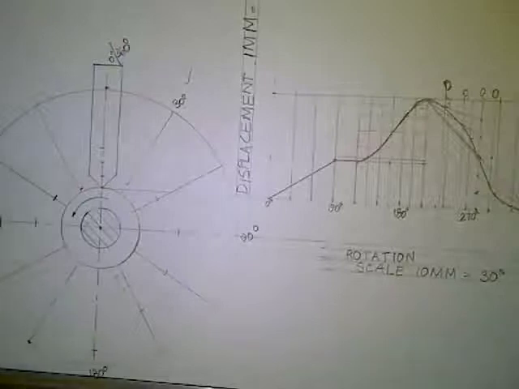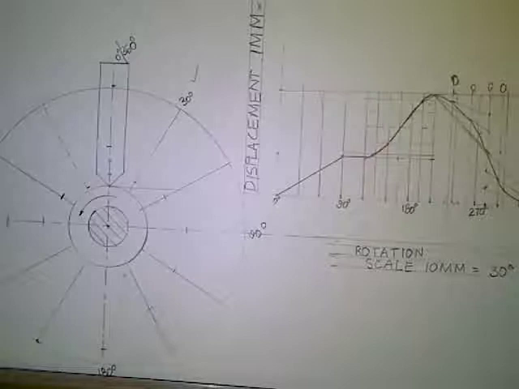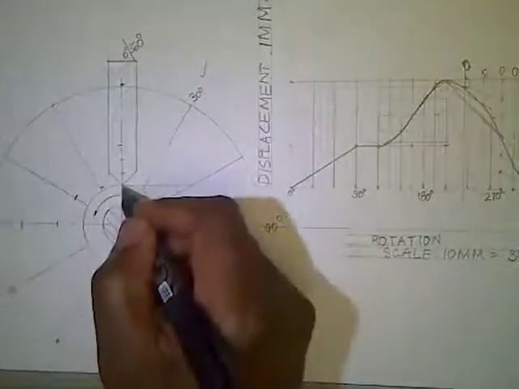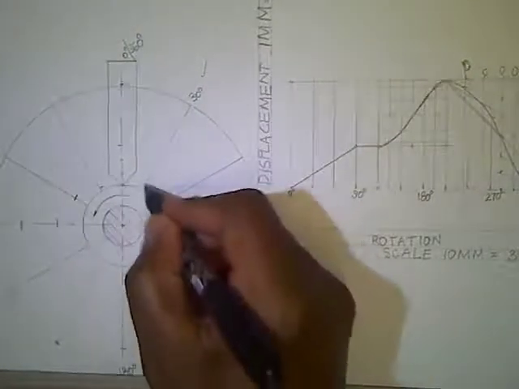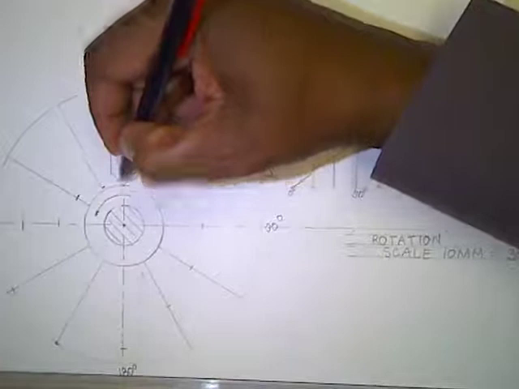Now, since we have marked all our points there, we are going to join them to create the profile. From here, there was 30, 60 as it goes. You just start very, very faintly.